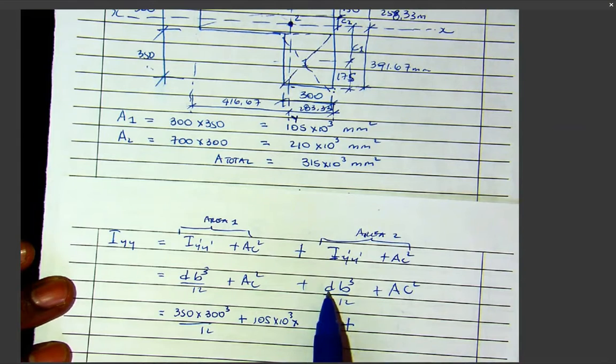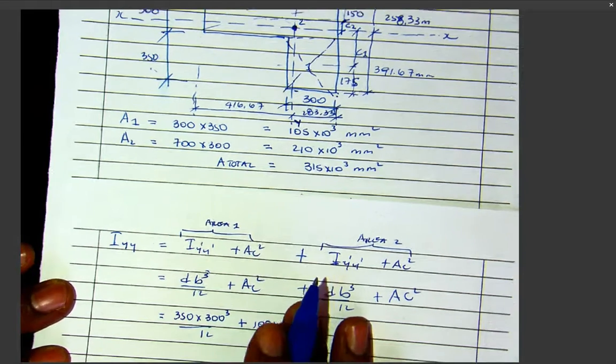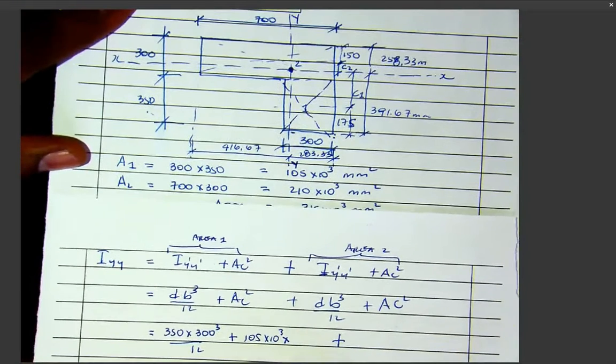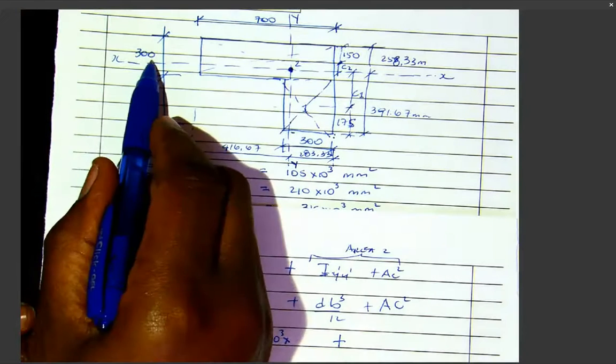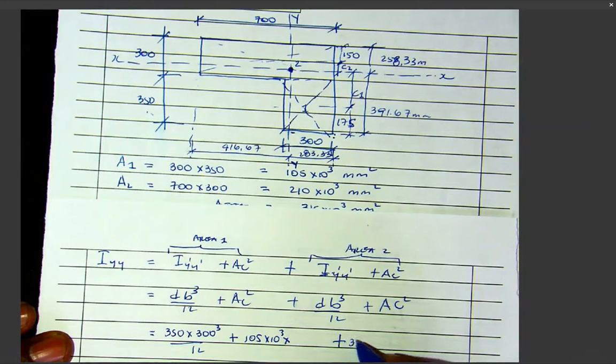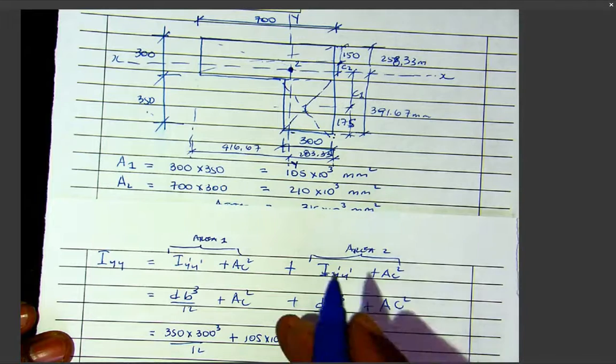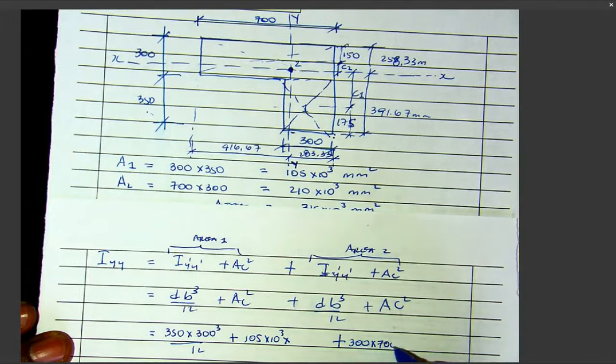Then for area 2, D is 300, B is 700, so 700 cubed all over 12 plus the area, 210 times 10 to the power 3, times the C value.